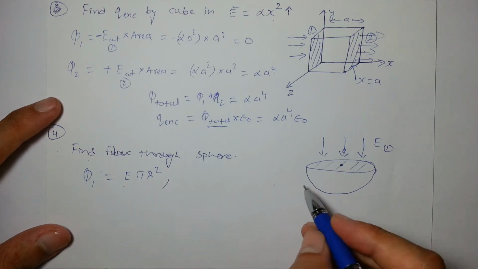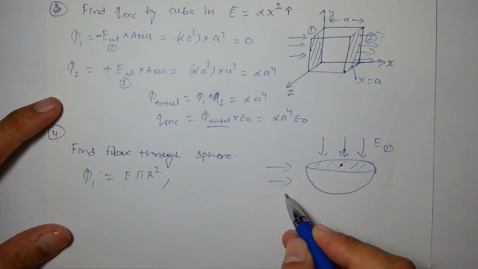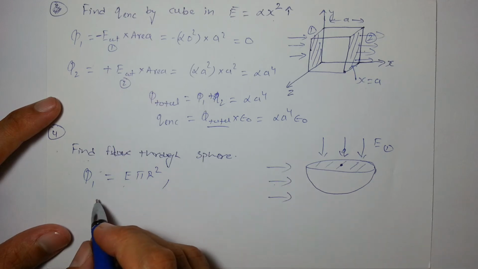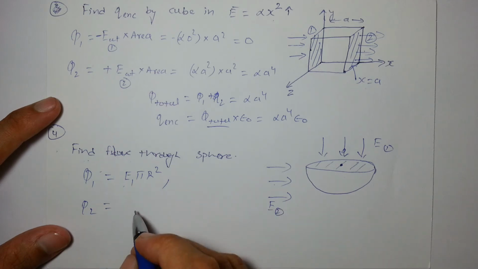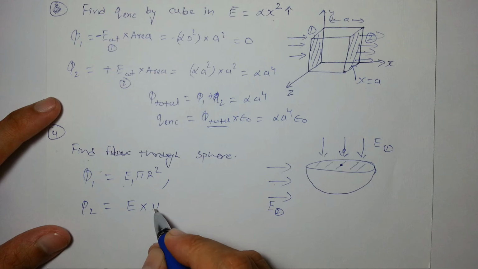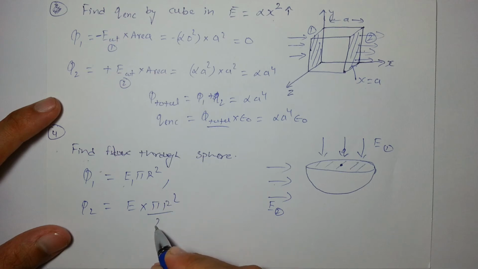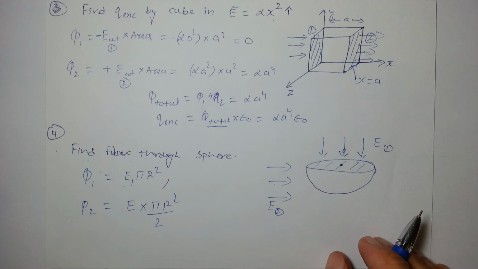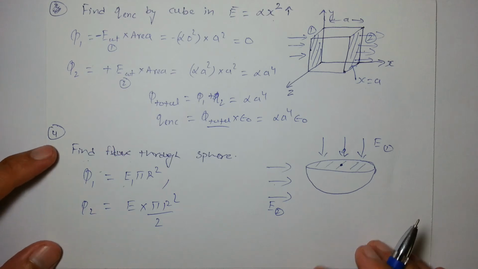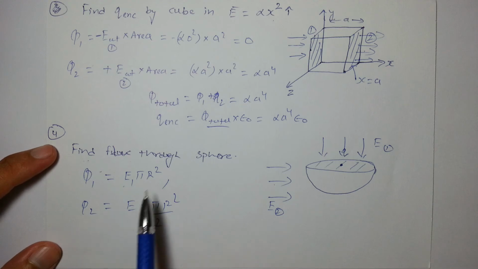And if the field is like this, in case 2, phi 2 will be E into pi r square by 2, as the cross section formed when the field is along this direction will be a semicircle. So we can take the area of a semicircle.